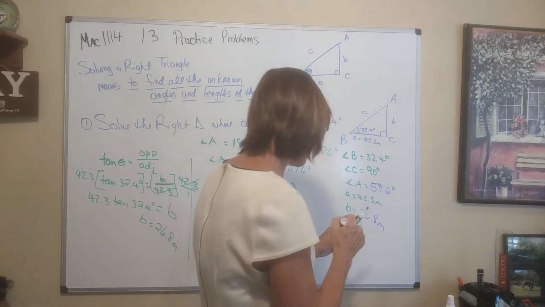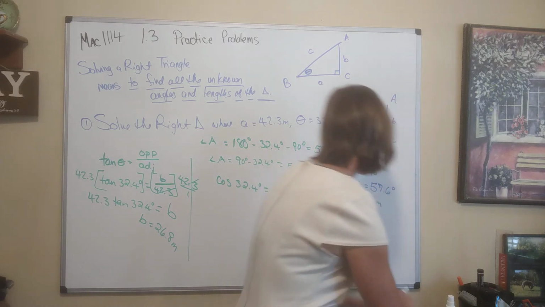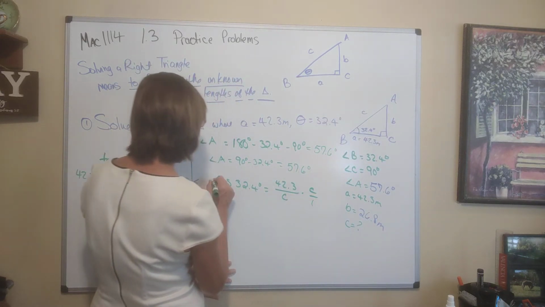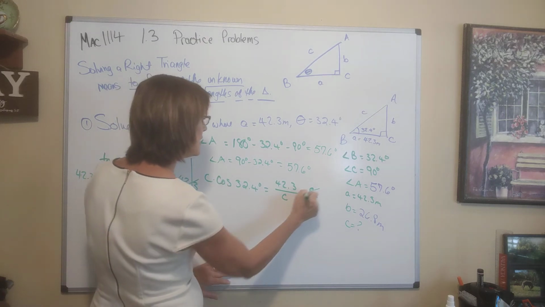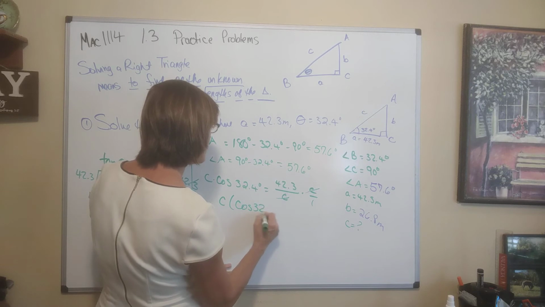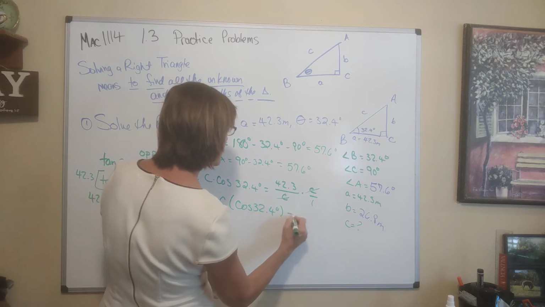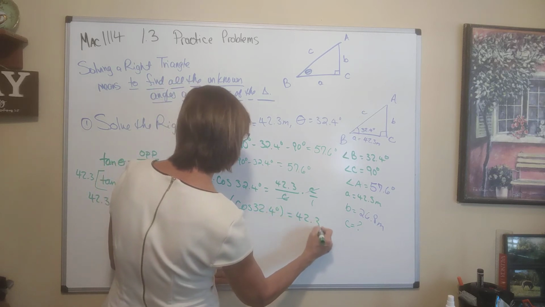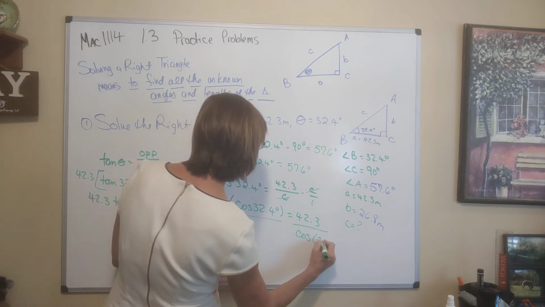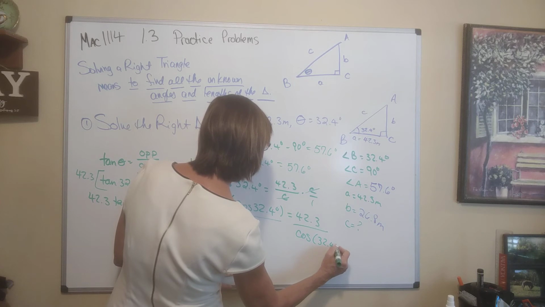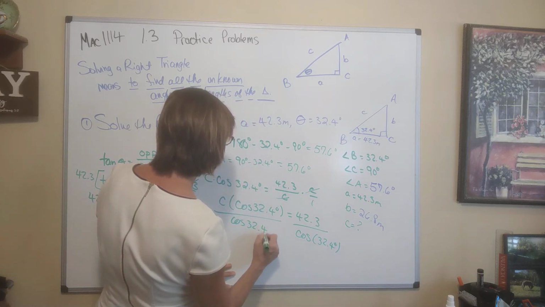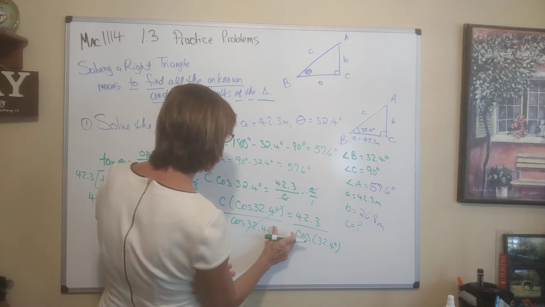All right, let's go for C. Kill your fraction, multiply both sides by C. These cancel, so I get C times the cosine of 32.4 degrees is equal to 42.3. And I'm solving for C, so I want to divide both sides by the cosine of 32.4 degrees. These cancel. Oh, that's a huge degree sign.